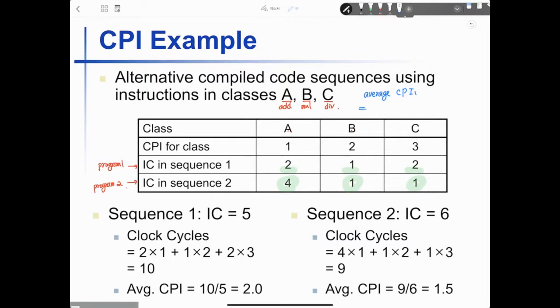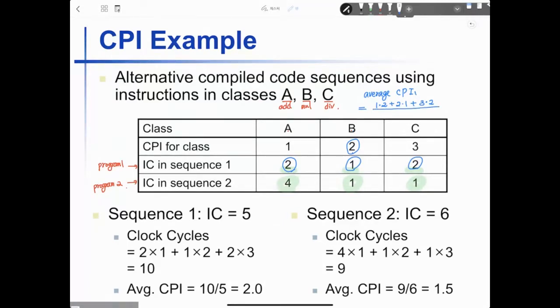What's the total number of cycles? It's 10, because for A, 1 cycle and there are 2 instructions. B, 2 cycles and there is 1 instruction. And C, 3 cycles and there are 2 instructions. So the total is 10.